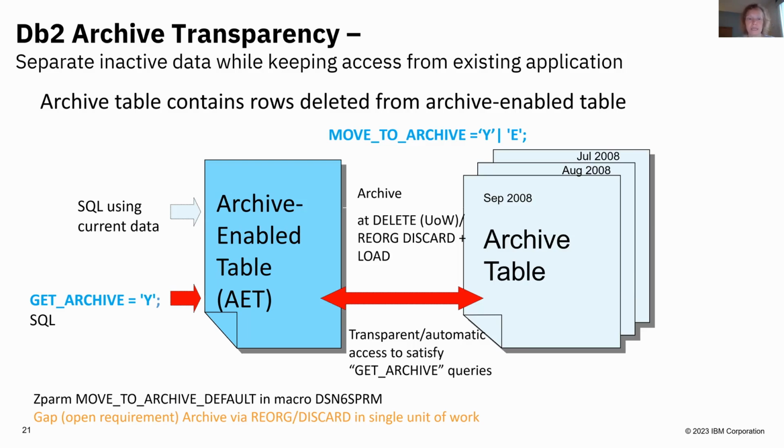There is also a ZPARM, MOVE_TO_ARCHIVE default, which means you don't need to set the global variable move_to_archive for each table. If you set the ZPARM, Db2 will recognize the tables that have a pair of archive and archive-enabled tables, and will do the archiving automatically when you do a delete in a unit of work, or you can also do a REORG DISCARD and load into the archive table as well.